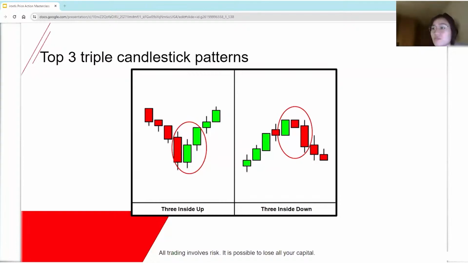But yeah, especially for candlestick patterns, it doesn't really matter which time frames you use. Those are just the ones that we normally like to use. Would be 4 hours, daily, 1 hour. But the lowest we will go is 30 minutes.